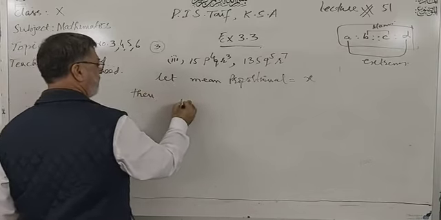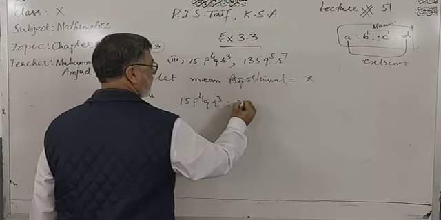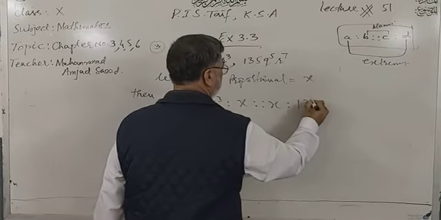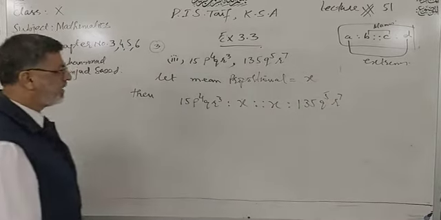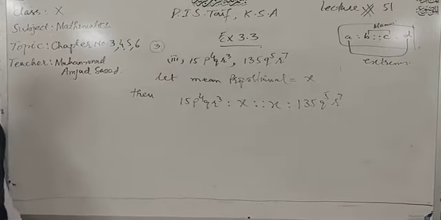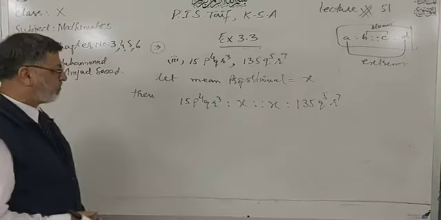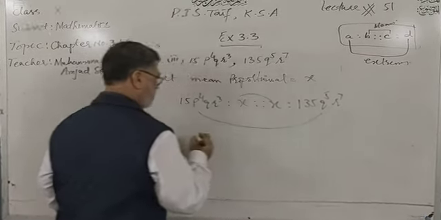Then 15P4QR ratio x, proportion x ratio 135Q5R7. Dear students, you can check: the product of extremes is equal to the product of means. These are means and these are extremes.